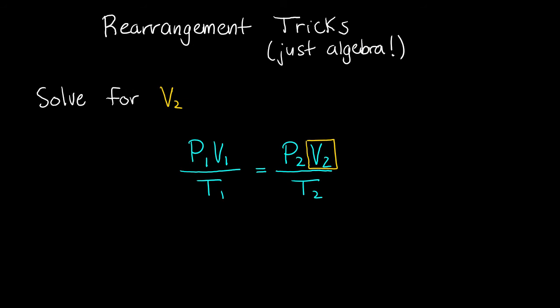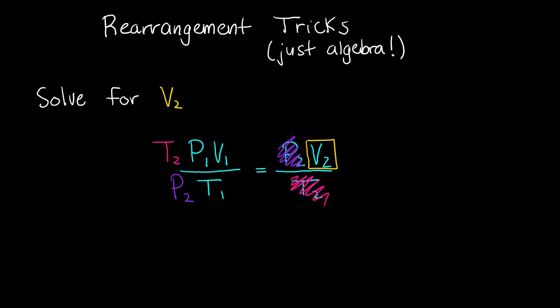So P2 needs to get away from the V2, which means that it would go in the denominator on the left. T2 needs to go away also, which means that it will go in the numerator. Since it's on the denominator on the right, it'll go in the numerator on the left.